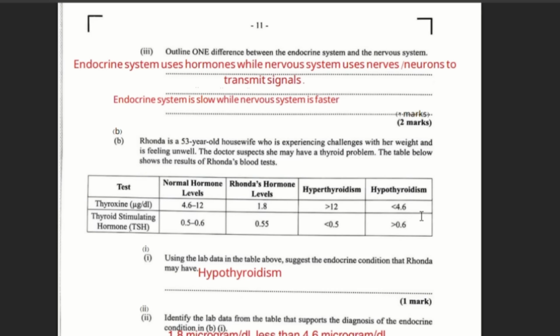This is another difference. With the nervous system, it has a target. For example, if we have a sensory neuron, maybe we touch something, it's going to send that message to the interneuron, and it's going to get to the brain. So basically, the nervous system is a lot more precise.